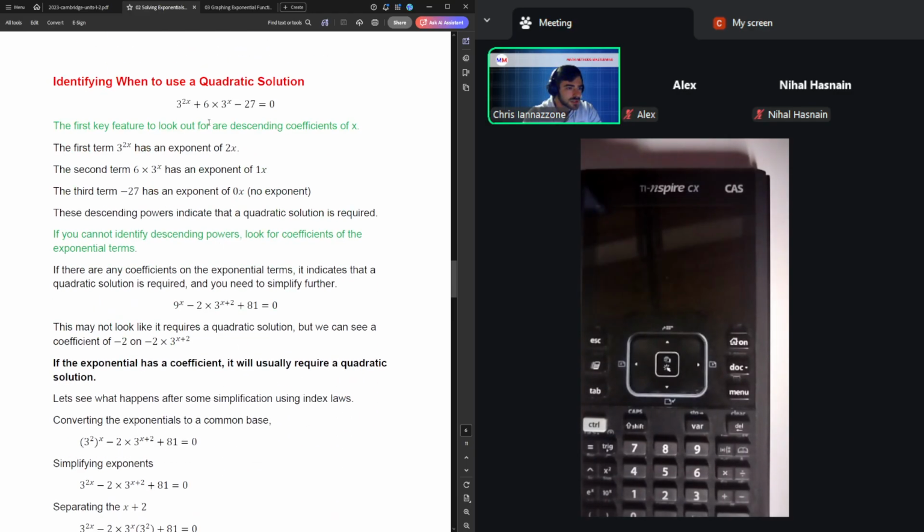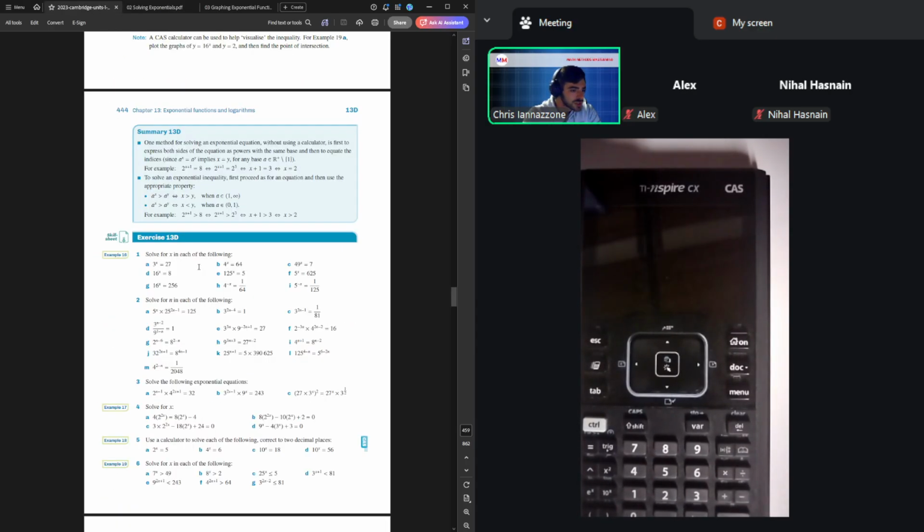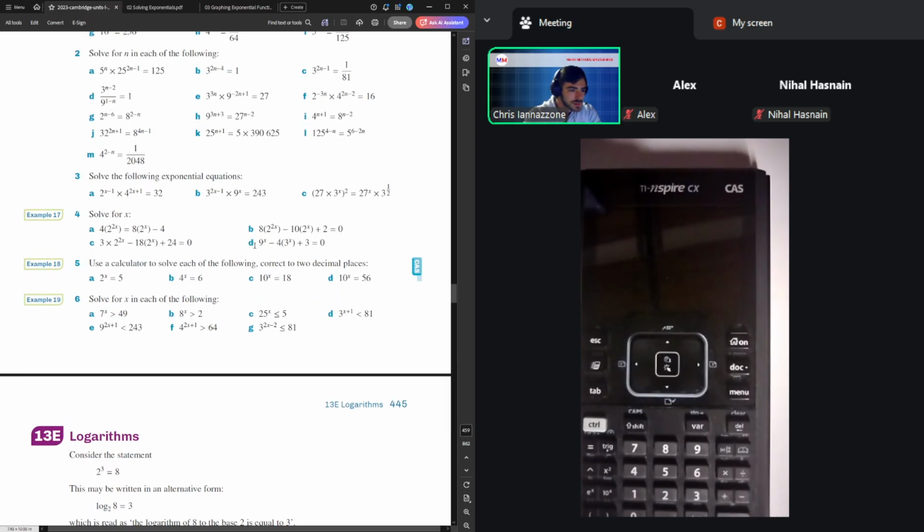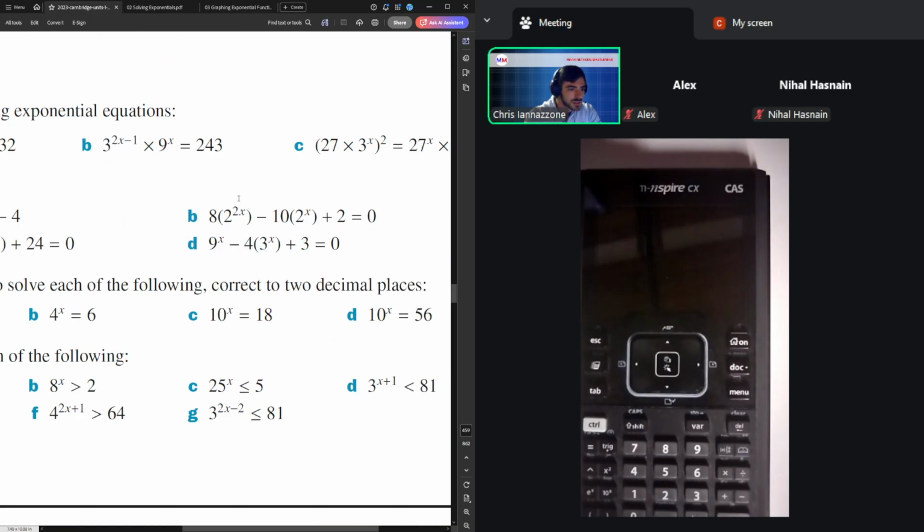Okay, I kind of briefly touched on this earlier, but let's just recap it. We're going to be using our quadratic solution if we can identify namely these descending powers of x. You've got this instance of 3 to the power of 2x, 3 to the power of 1x. Sometimes it might not be so obvious. Sometimes it tends to be a little bit hidden, like this question that we have here: 9 to the power of x and 3 to the power of x.